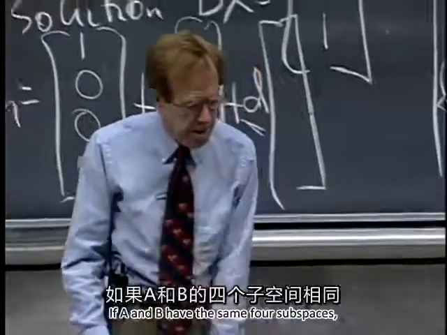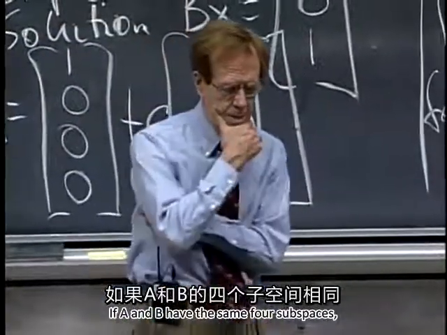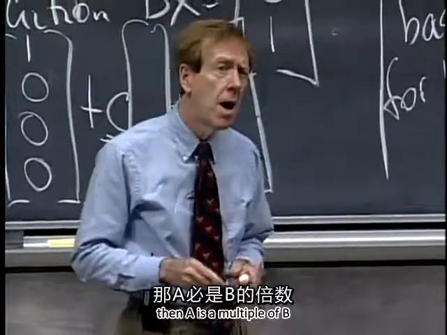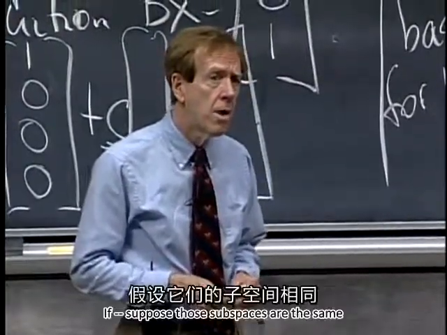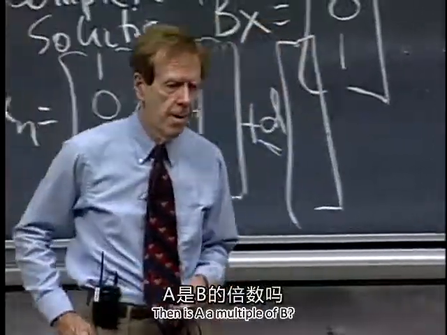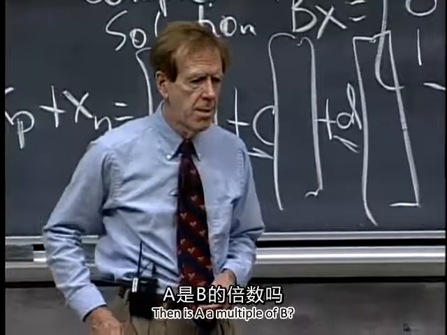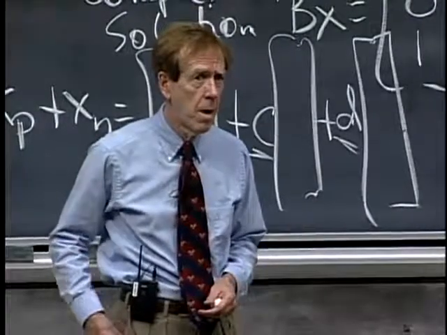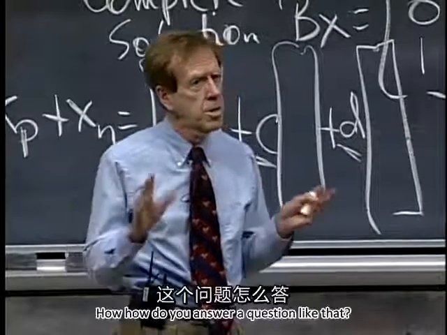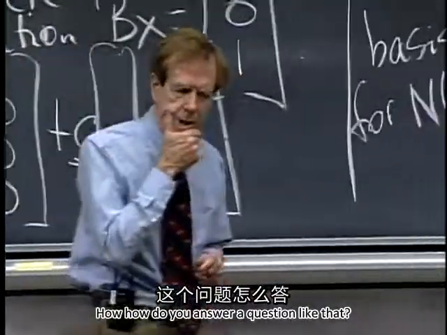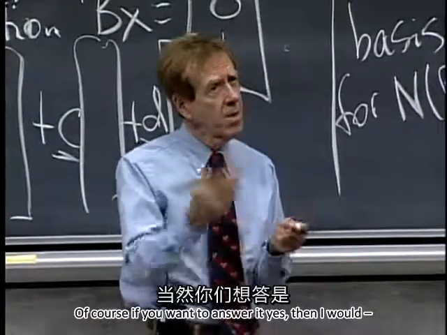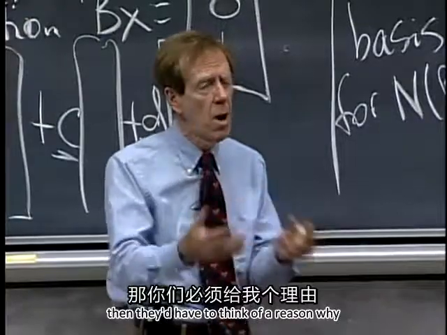How about this? If A and B have the same four subspaces, then A is a multiple of B. Suppose those subspaces are the same, then is A a multiple of B? How do you answer a question like that? If you want to answer yes, then you'd have to think of a reason why.